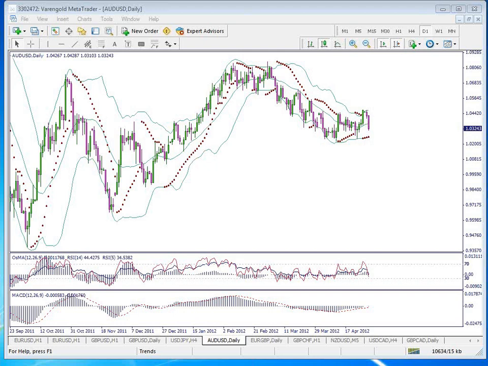Okay, so now let's go onto the chart and let's talk a little bit about Aussie dollar. As you know, in the last years, Australia has had a very nice way in economics.